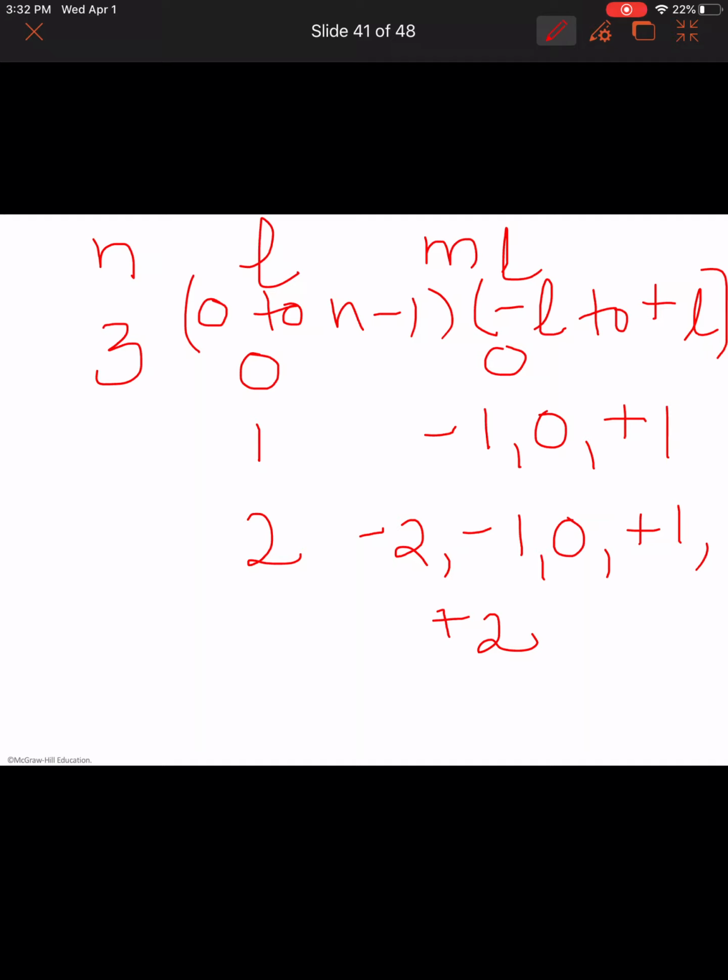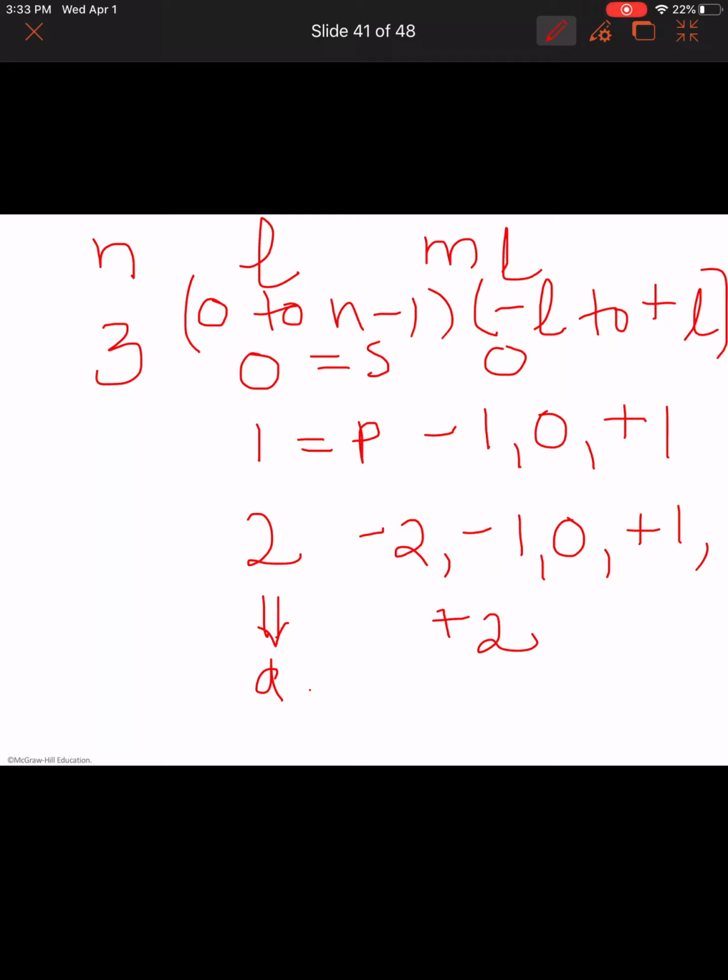So how many orbitals does this represent? Remember, these L numbers represent the shapes of the orbital. So if L equals 0, what is that orbital going to be? That is your s orbital. If L equals 1, that's p. If L equals 2, that is a d orbital. Now, the ML values tell us the number of orbitals.